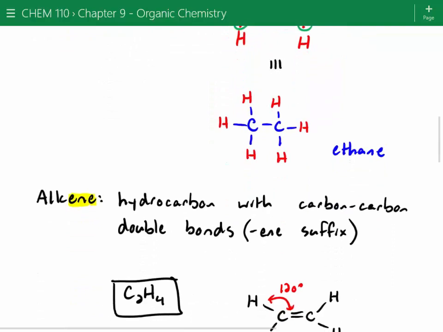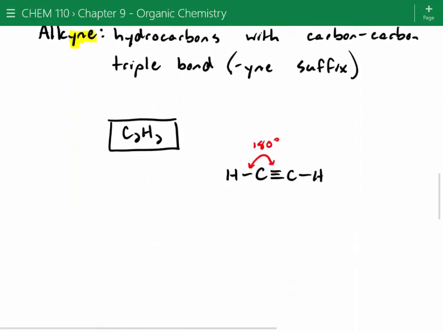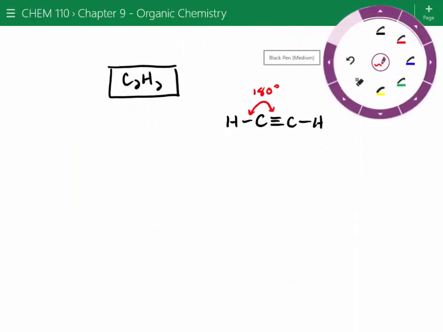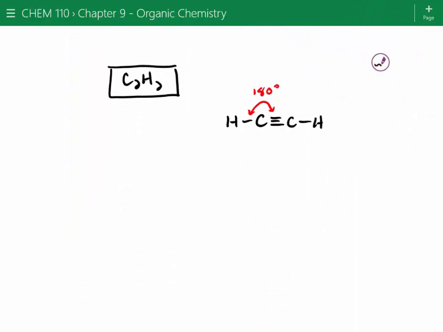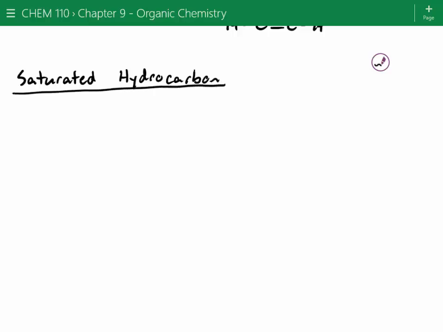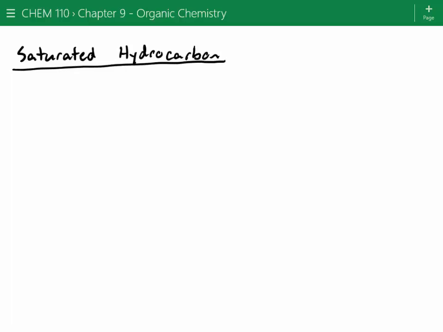All right, now let's talk a little bit about some new terminology. A saturated hydrocarbon. What do you think a saturated hydrocarbon means?